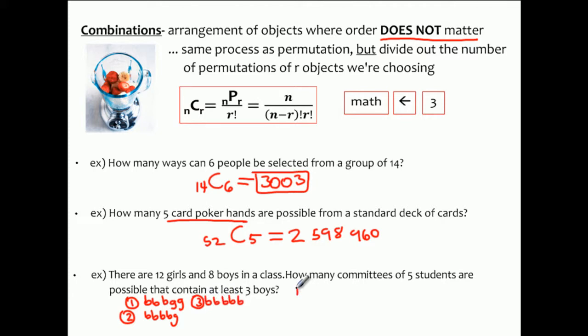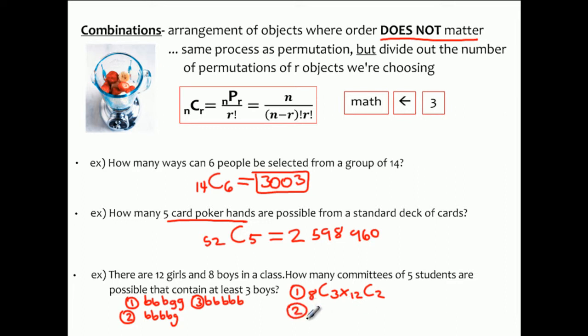So in order to figure out how many ways we can arrange for 3 boys and 2 girls, we've got 8 boys, choose them 3 at a time, and 12 girls, choosing them 2 at a time. So 3 plus 2 gives us a group of 5. We're choosing 3 boys from 8 and 2 girls from 12.